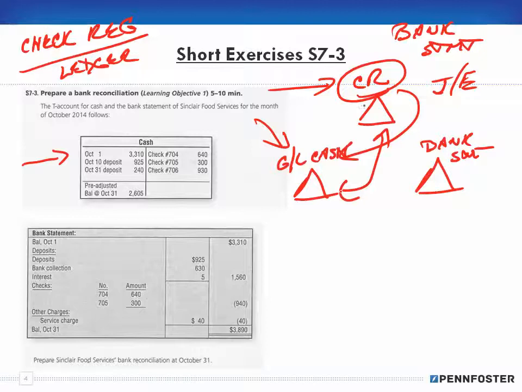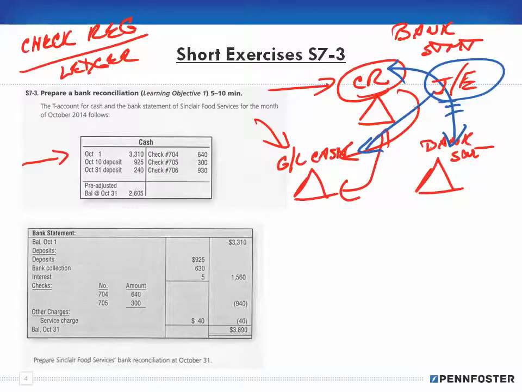Then at the end of the accounting period, you get your bank statement. Now I want to reconcile my bank statement with my check register. If these are equal, and you've made the journal entry, then any adjustments that should have been made, you're going to make journal entries and post them to the general ledger cash account.